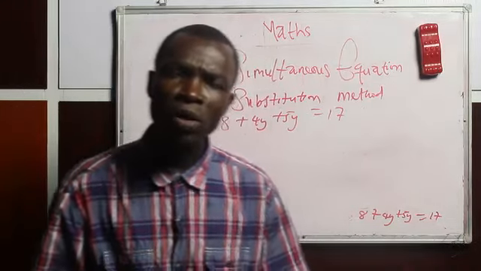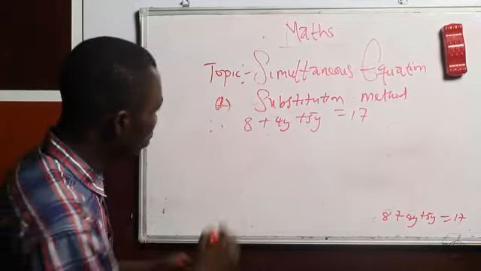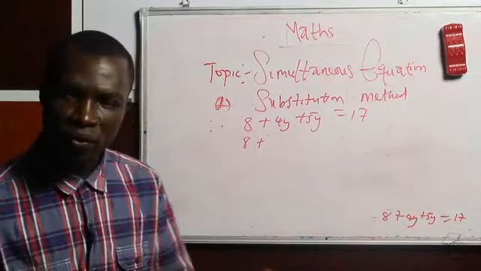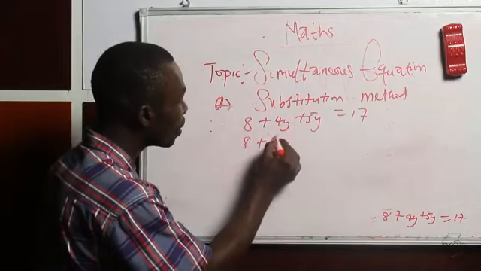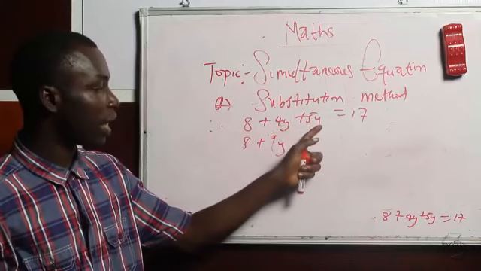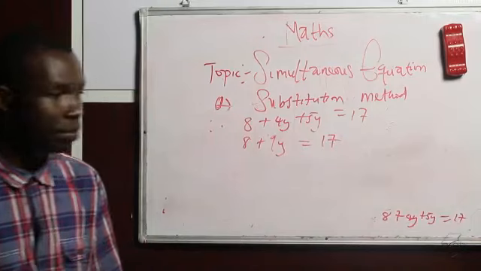We can now find one of the unknown variables in these steps. Now, we have plus 4y plus 5y equal to plus 9y. So 9y plus 8 equal to 17.